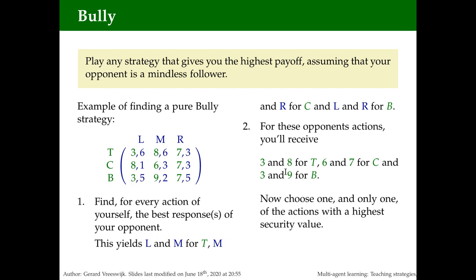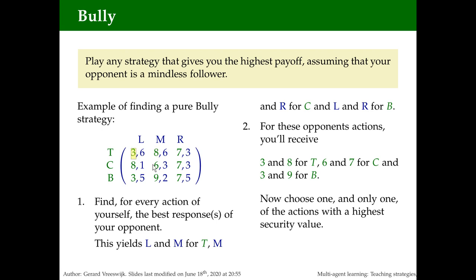Finally, you choose one and only one of the actions with the highest security value. The security value is the minimum value of the payoffs that your opponent chooses for each of your own actions. So here the security value is 3 because it is smaller than 8.